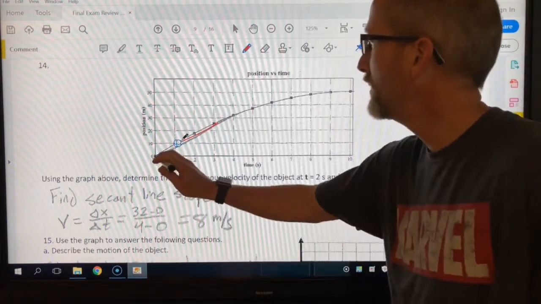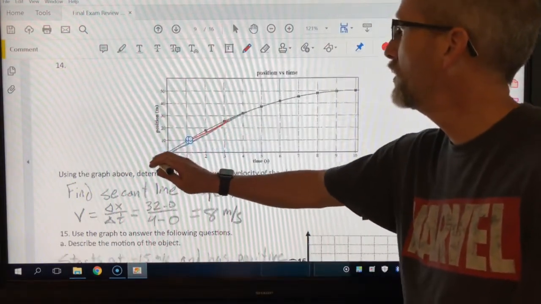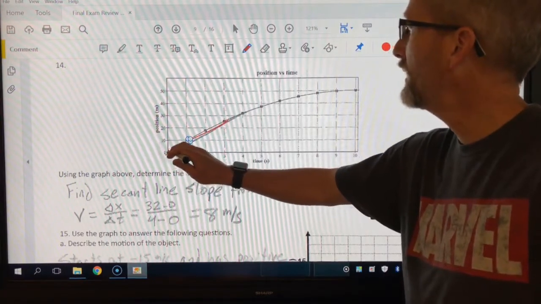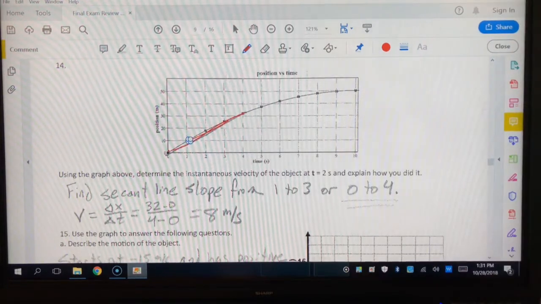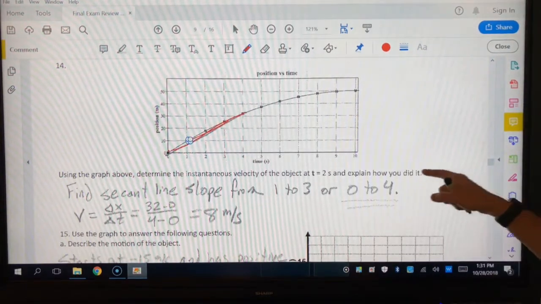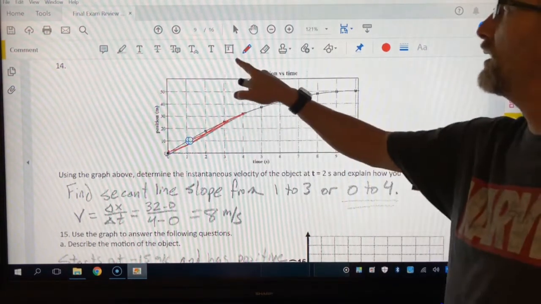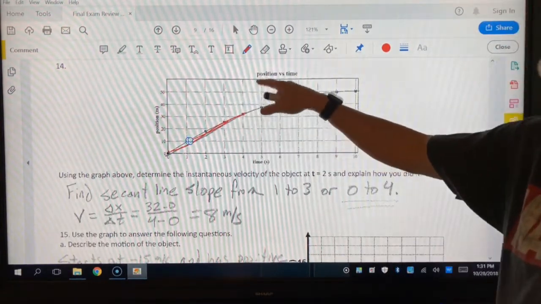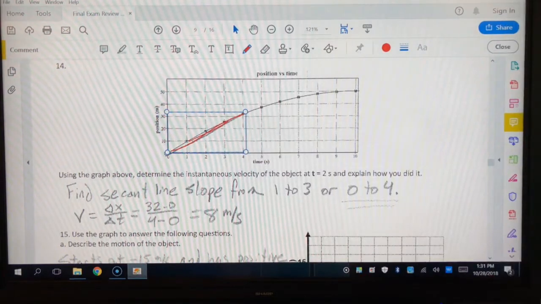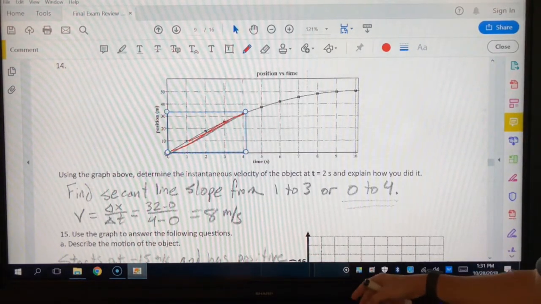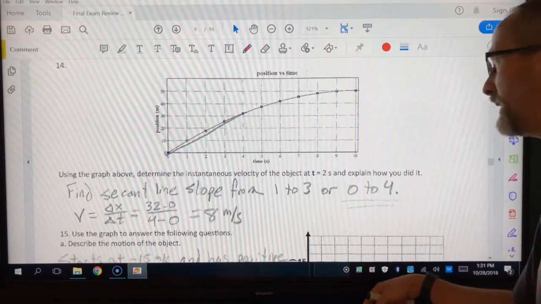Let's use the pen, maybe it'll work better. So we're gonna do a dot here and then go up to the point on the other side. So I'm gonna get rid of everything that I've drawn here, just a second. I'm going to hit the delete key. There we go.